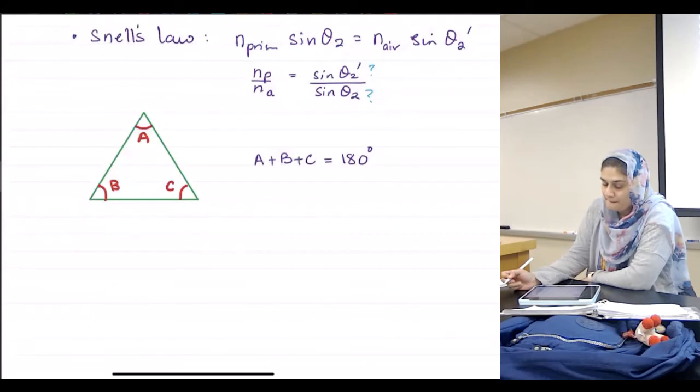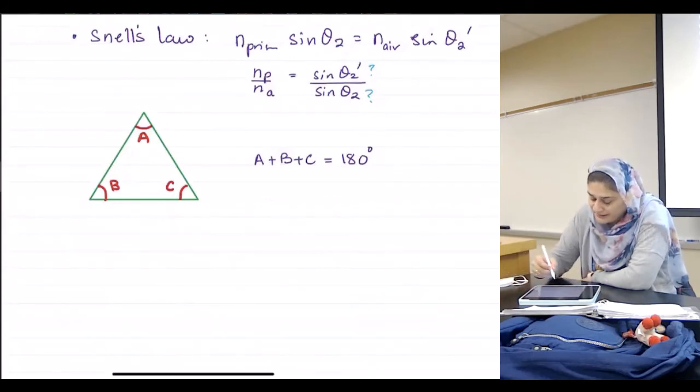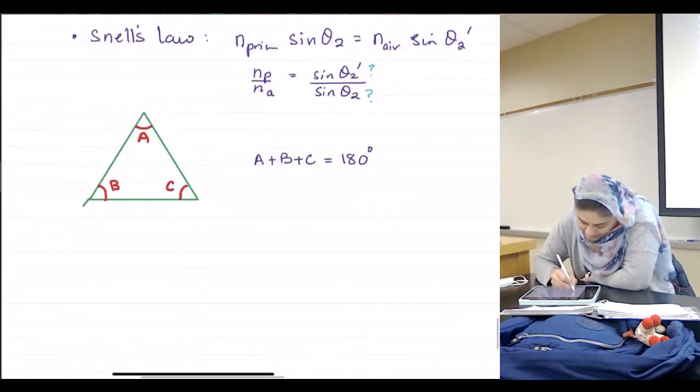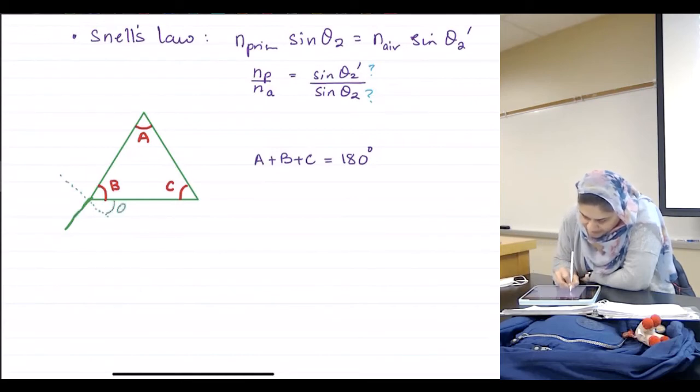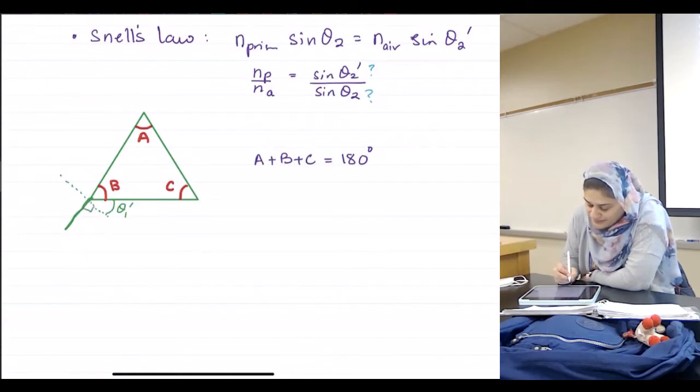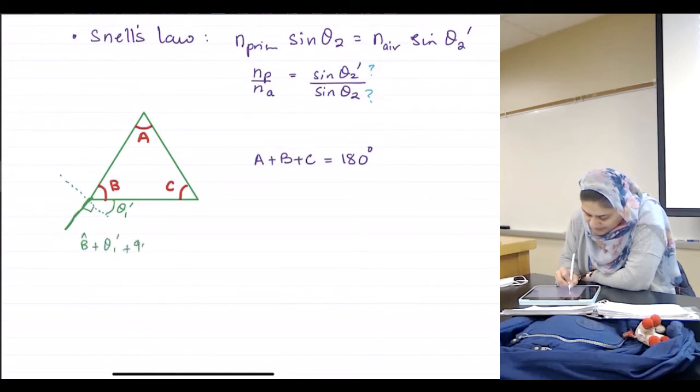Yes? Okay, now if I look at my angle B and I go like this, and there was a 90 degrees here, and this was my angle theta 1 prime, and this is 90 degrees. So on this line, can I write B plus theta 1 prime plus 90 degrees is 180?